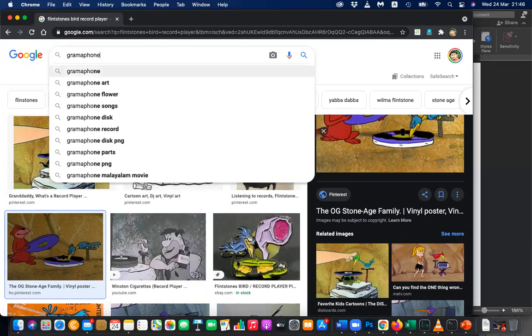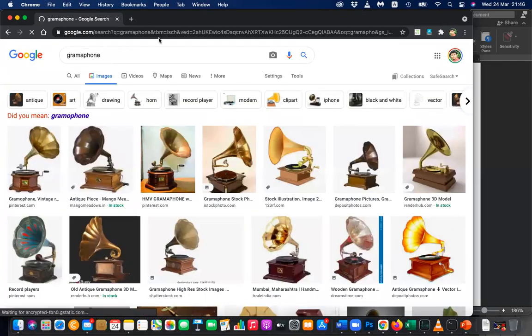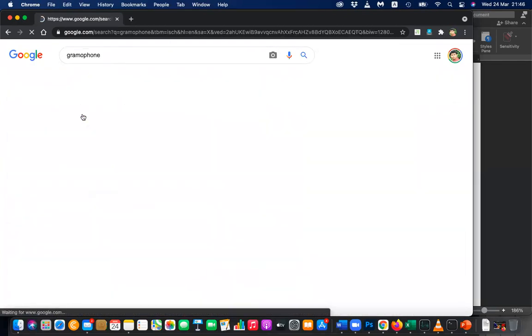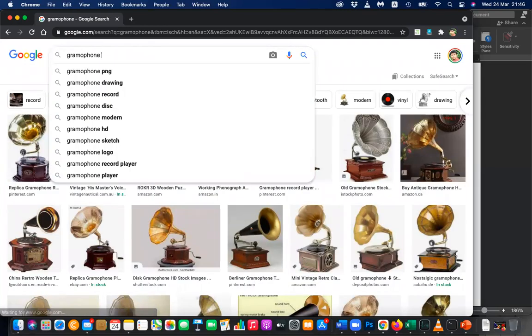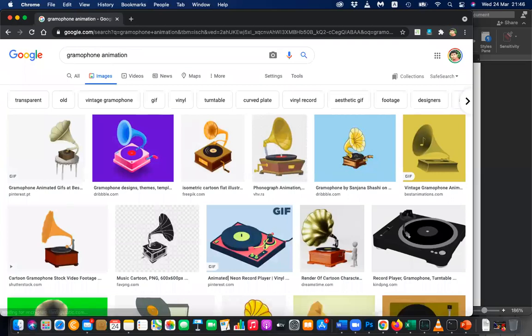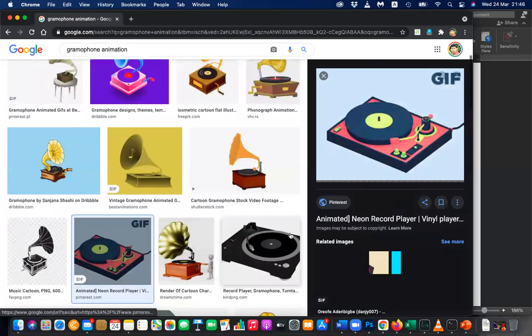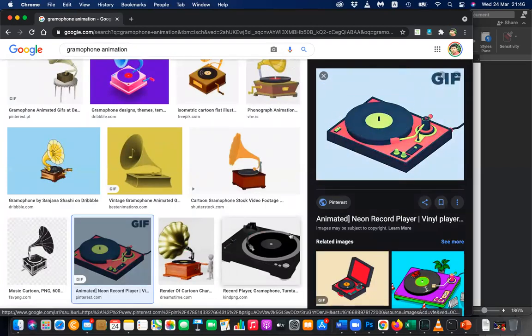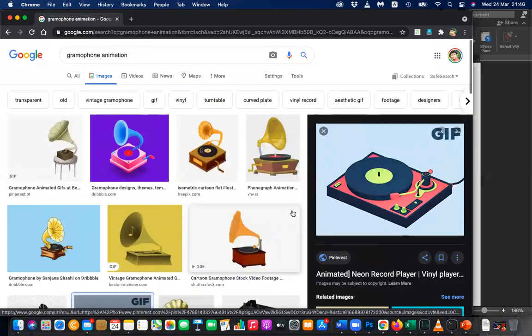If you want to see the animated one, you can see how it's read. It's going, and this head is moving. When the head is moving, this platter is circulating and it can read.